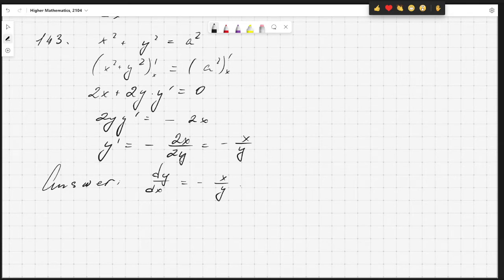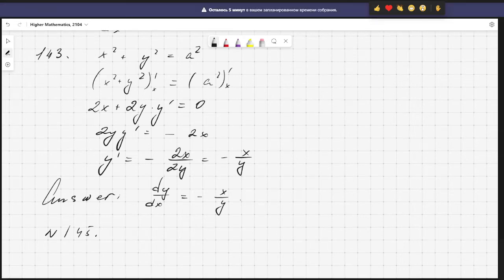Is it clear? Not any question? Yes, clear. Yeah. 145. Y cubed minus 3y plus 2ax equals 0.